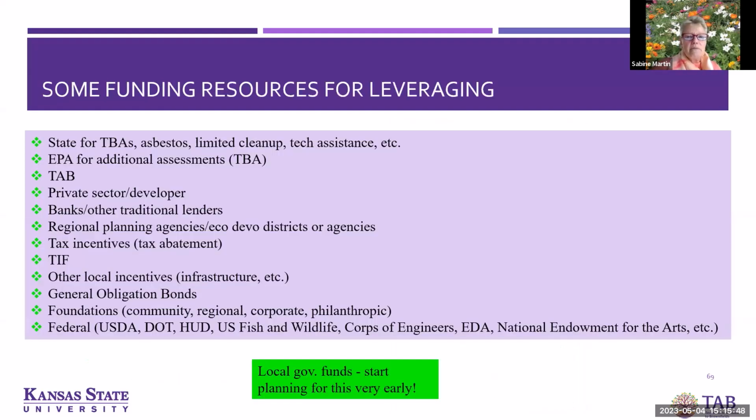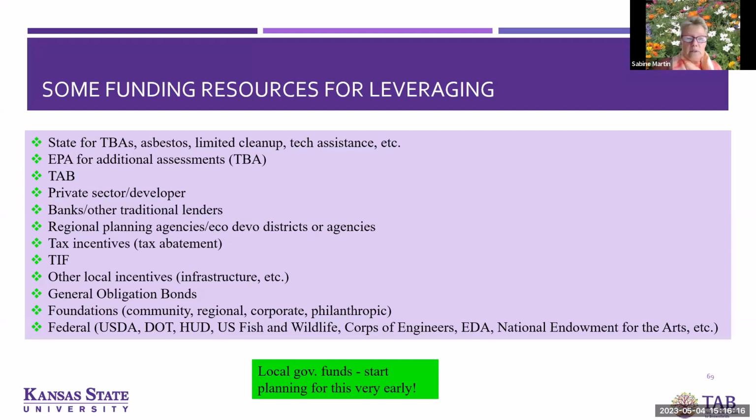So here are some of the funding resources for leveraging. This is by no stretch of the imagination a complete list. But if you need additional site assessments, the TBAs, the targeted brownfields assessments, you could ask your state, you could ask EPA, you can list them. You can have TAB as a resource. When we do visioning sessions or market analyses for communities, we can put a price tag to that, so you can list that as a monetary resource.